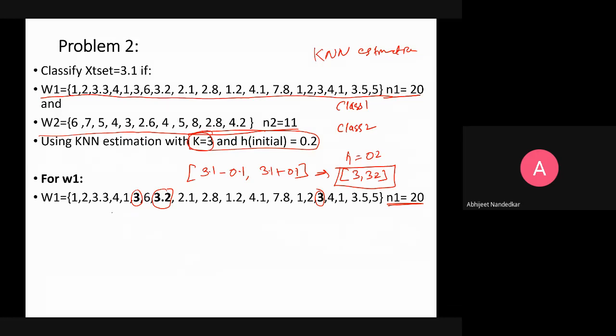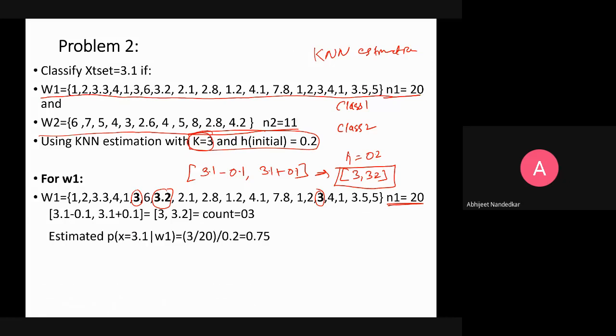So the next step is to find out the estimation for omega 1. Here, instead of simple p of x equal to 3.1, I am writing p of x equal to 3.1 given omega 1. Since I am considering only omega 1 samples here, the condition is that I should have only the list of omega 1 samples.